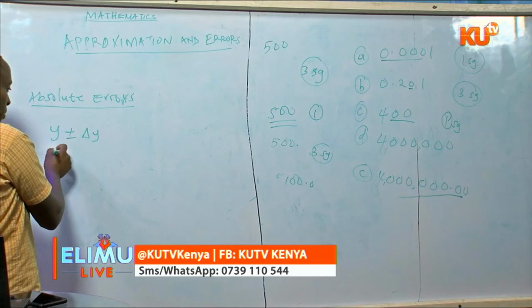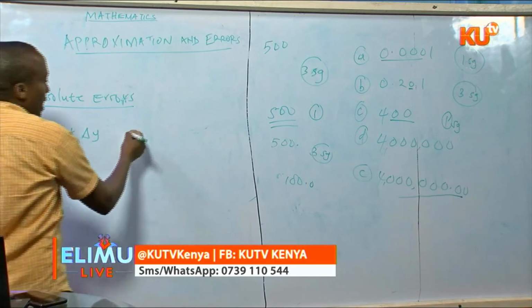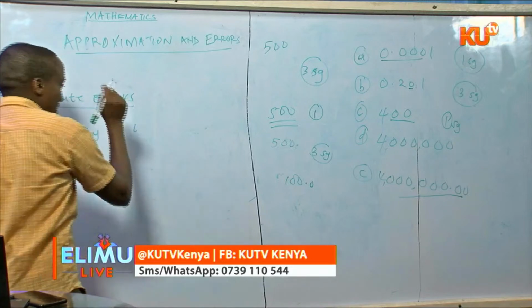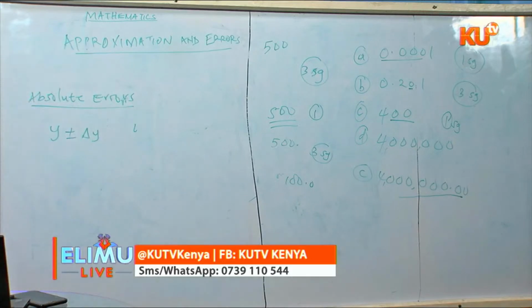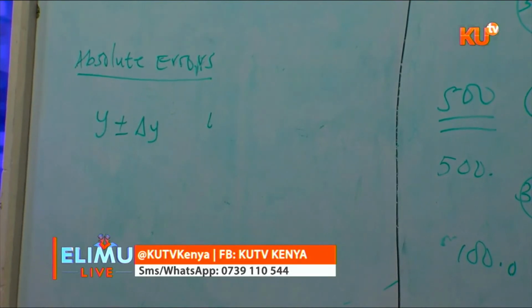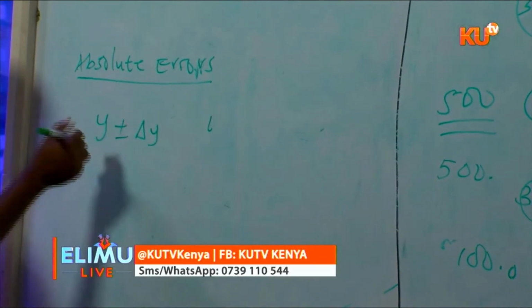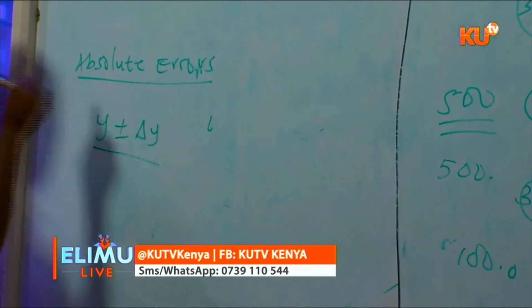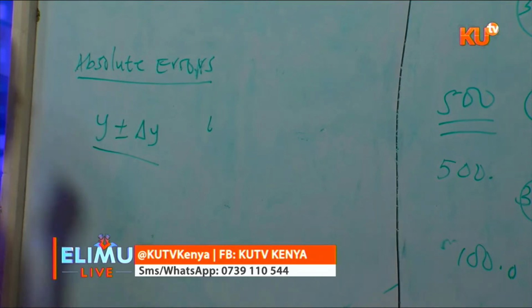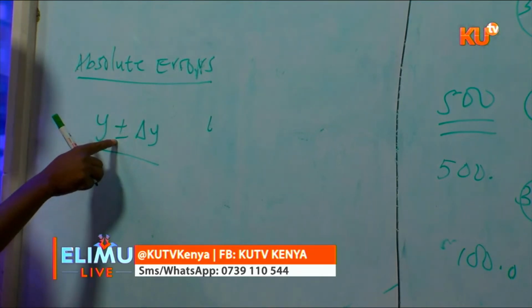It means the actual number and how much you add or subtract. So absolute error is the level of uncertainty when measuring any geometrical and non-geometrical things. If we put in our case y, which can be any other letter, it can be change of y, either plus or minus.